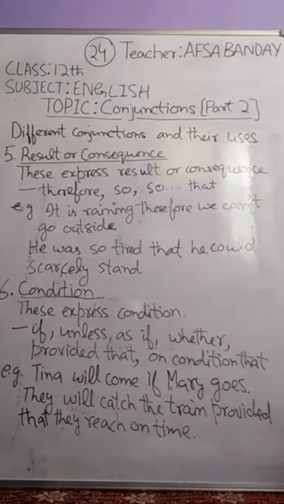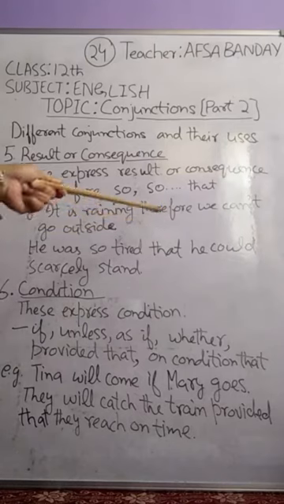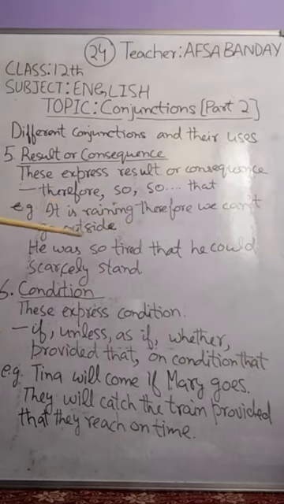Number five, result or consequence. These express result or consequence. That means if something is happening, what is the result of it? It includes therefore, so, or so that. For example, it is raining, and what is the result? Therefore, we can't go outside. But if we reverse the two clauses, we can't go outside because it is raining, then we say the reason and use because.